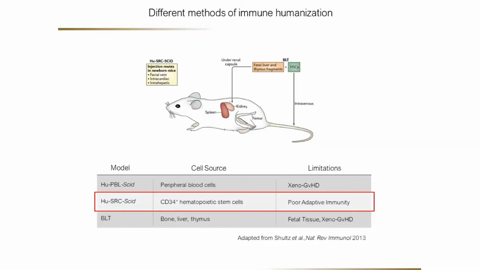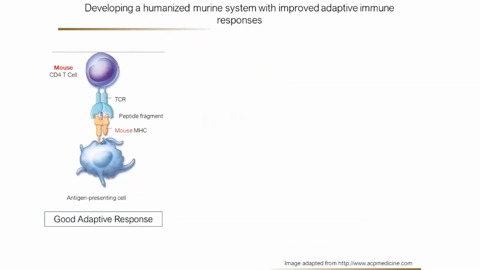And so we thought if we're going to use this to study IBD, we probably need to try to figure out ways to improve this further. And so one of the ideas that we had is really that in a normal mouse, the mouse T cells are selected in the mouse thymus and they go into the periphery and they encounter peptide presented on these mouse MHC molecules where they then can be activated.